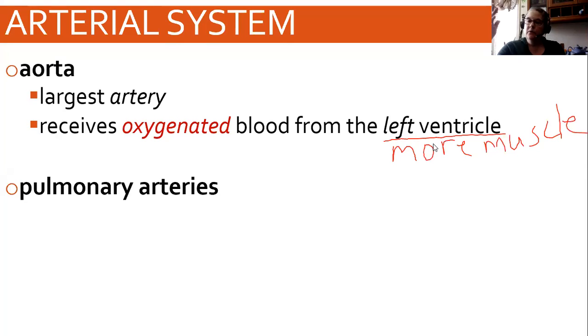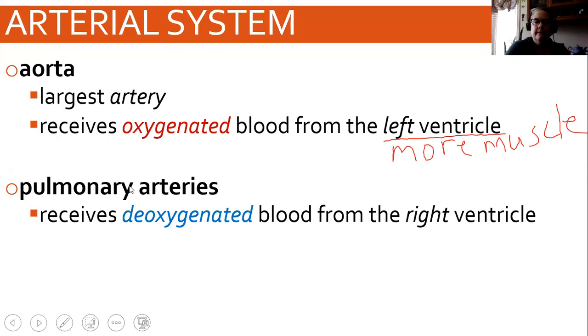Okay. And that's important because that blood has to make its way to every cell in our body. Whereas when we think about the pulmonary arteries, they're receiving blood from the right ventricle, and the right ventricle has less muscle. Okay.